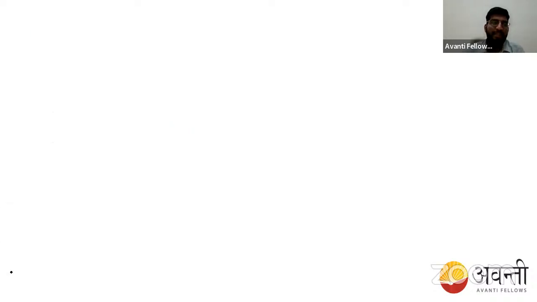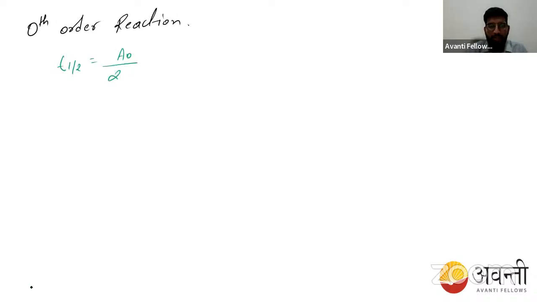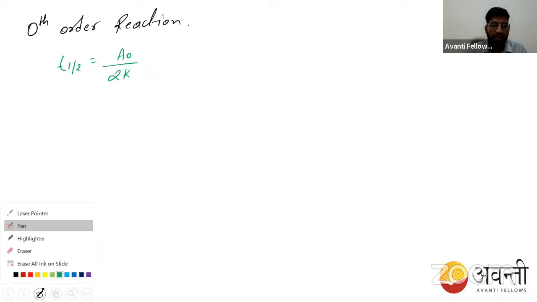I know what is given, very important. This is a zeroth order reaction. For this reaction, I know T half is equal to A naught by 2K.